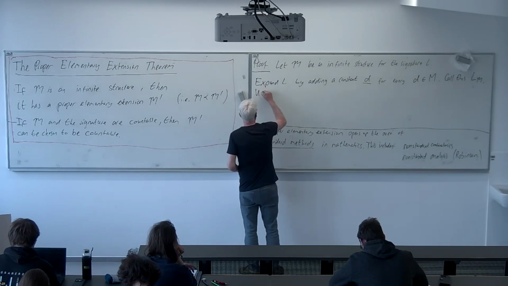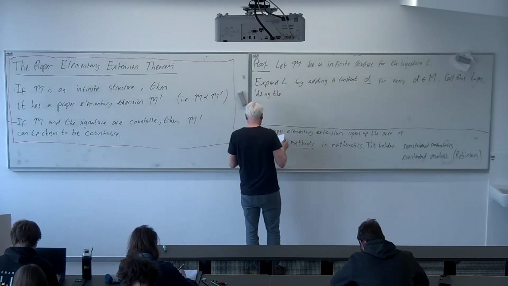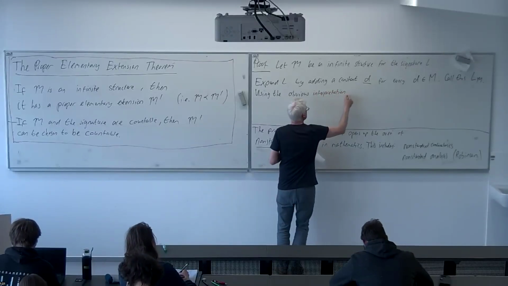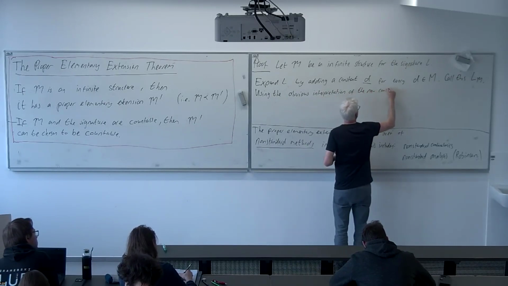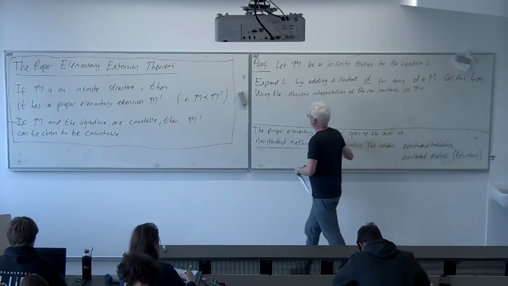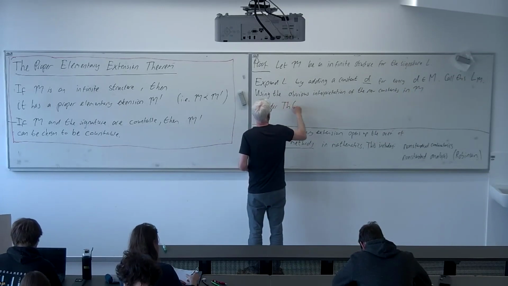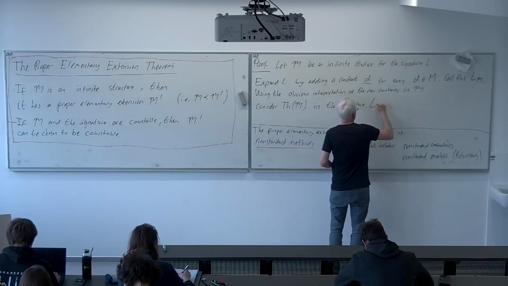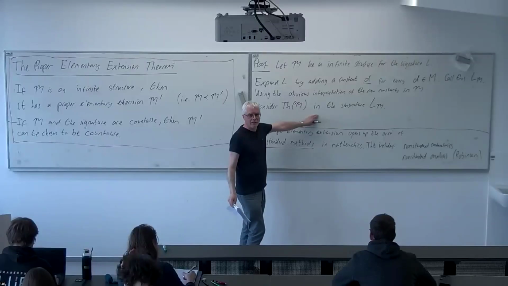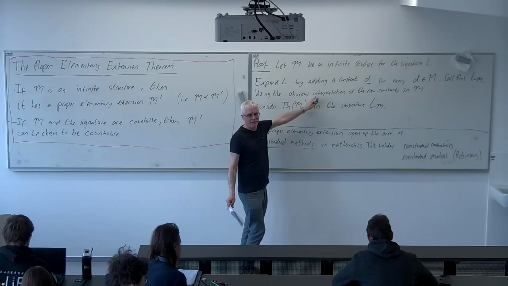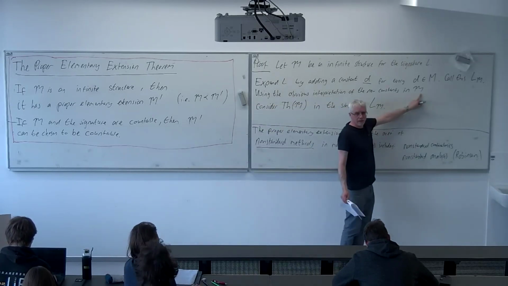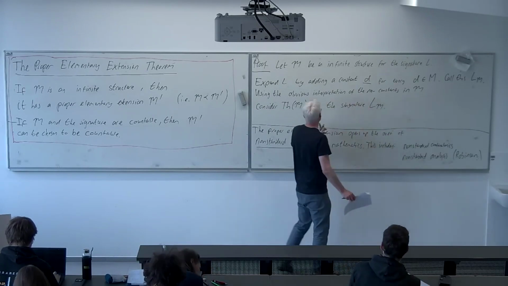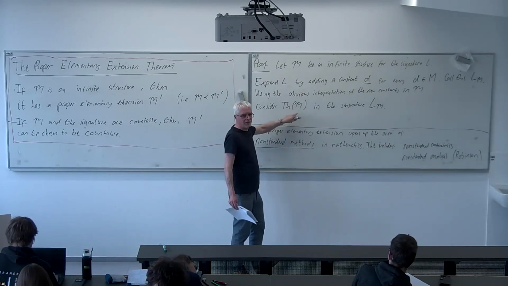So using the obvious interpretation of the new constants in M, consider the theory of the structure M in the expanded signature L of M. If I was being really pedantic, or if I was using a proof checker, in which case I would have to be pedantic, we wouldn't really be calling this structure M, because the structure M is a structure for the original signature L, and actually the structure we're using here is really the structure expanded with interpretations of the new constants.